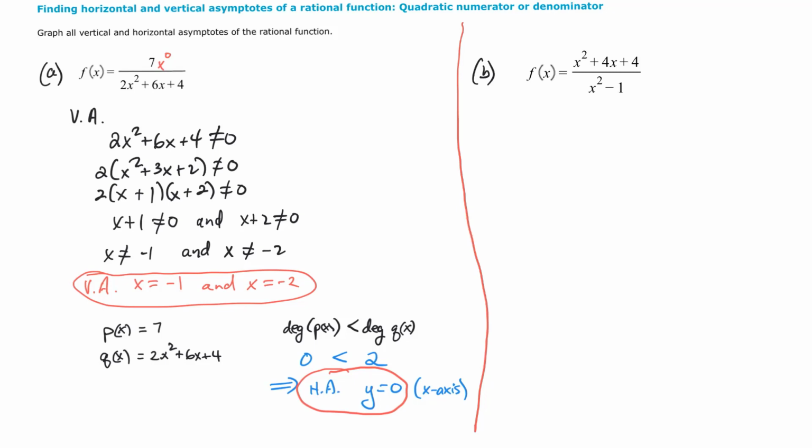Part B, once again, I'm going to take the approach of finding the vertical asymptotes. The way we do that is analyze the denominator. We want to make sure x squared minus 1 is not equal to 0. We could once again react to this by factoring. We get x plus 1 times the quantity x minus 1 is not equal to 0. X squared minus 1 is a difference of 2 squares. Oh, I think I forgot a 1 here. I need a 1 right there. That looks a little sloppy, so let's make ourselves look neater.